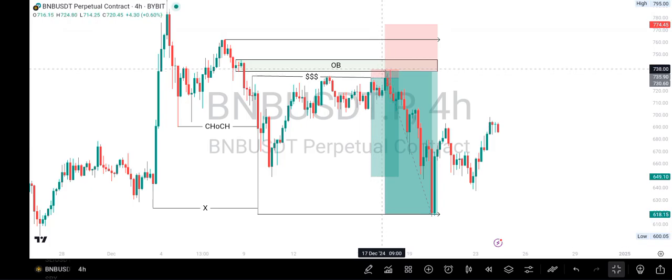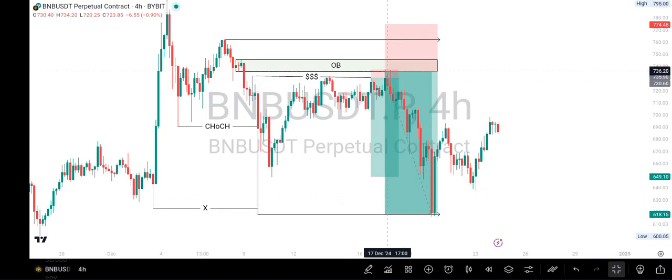Now because of the lots of stop losses and orders that were triggered here, the market took enough liquidity from their stop losses. As you can see, it left that particular area with a wick. That means a seller started dominating and pushed the market downward up to this our take profit level here. Why?